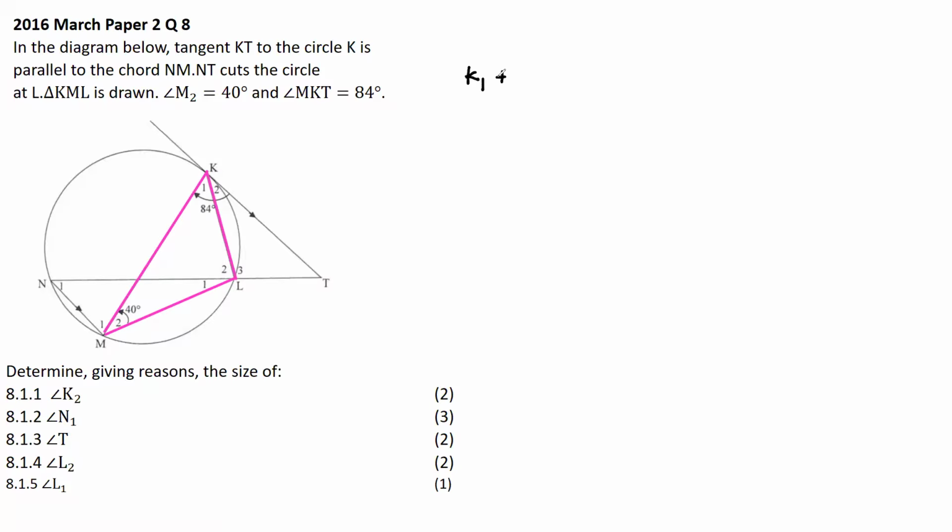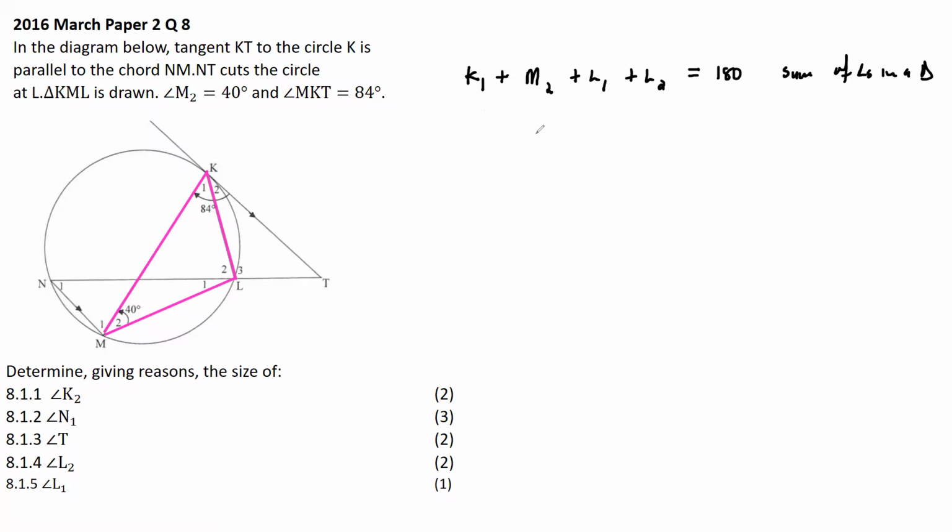K1 plus M2 plus L1 plus L2 is 180. Sum of angles in a triangle. It's 180. Do I know K1? Yeah, I do. From the previous ones, I think we did K1.